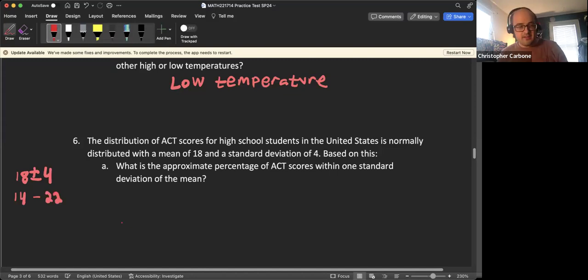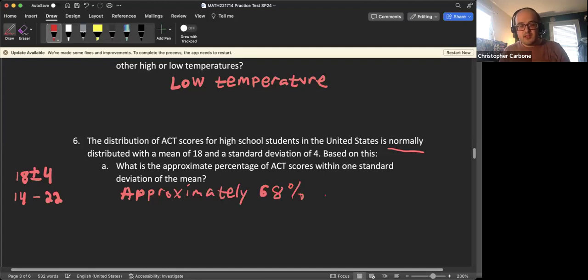And based upon that empirical rule, because this is indeed normally distributed, this would be approximately 68% of the data for 1 standard deviation.